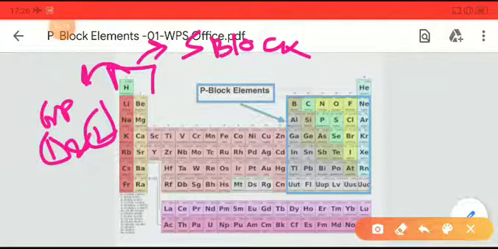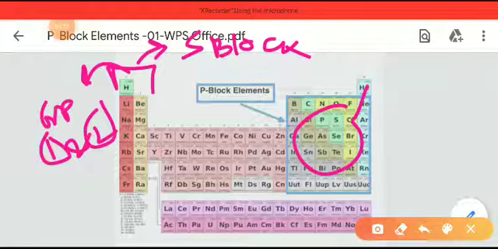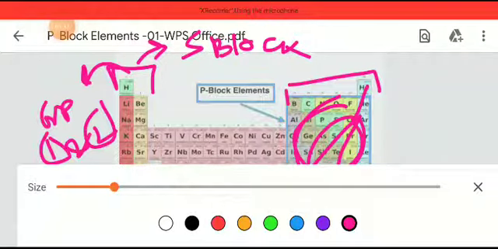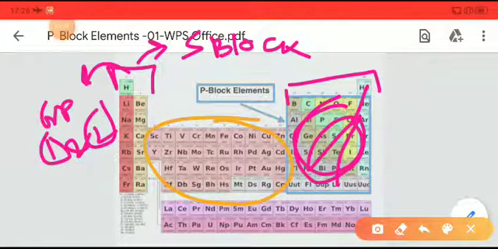And this whole part, including helium, which is left over in the picture, is considered as the P block element, whereas this part as well as this part is named as D block element.